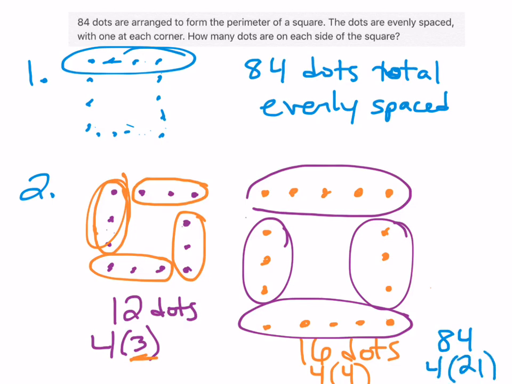And then maybe you would work from there to figure out how many would be along each side. So in this first case, when I had 4 times 3, there were 4 dots along each side. When I had 4 times 4, there were 5 dots along each side. All right, so when there are 4 times 21 dots, then there would be how many along each side.